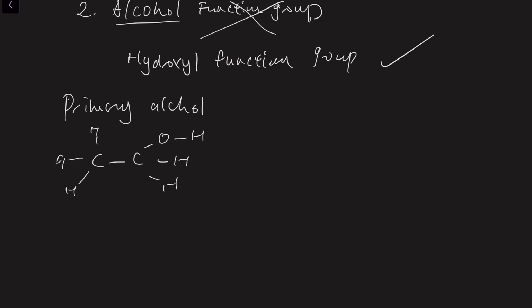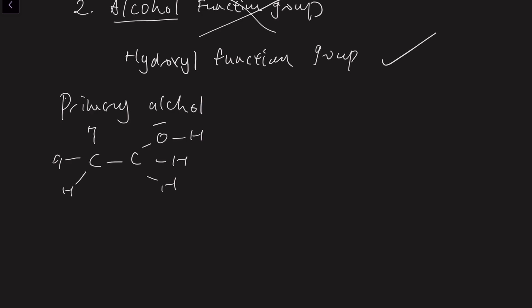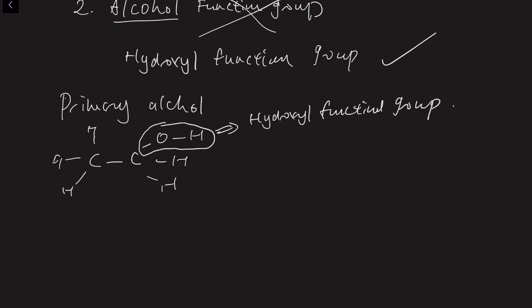And this OH part corresponds to the hydroxyl functional group. And whenever some chemical molecules have a hydroxyl functional group in them, we call them alcohol. This is just how we name those kinds of chemical species.